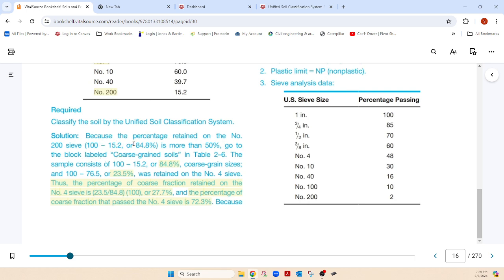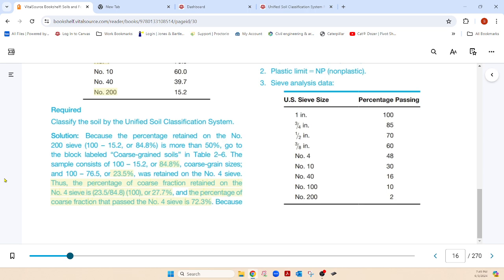Because the percentage retained on the number 200 sieve is 84.8%, that's more than 50%. So we go to the block labeled coarse grain sand. This is where we're going to start right here.